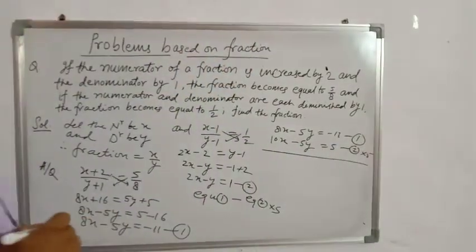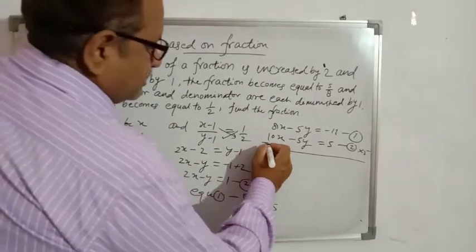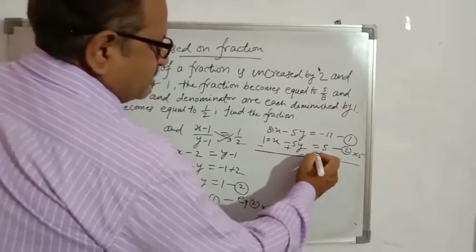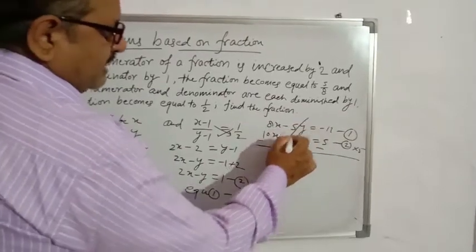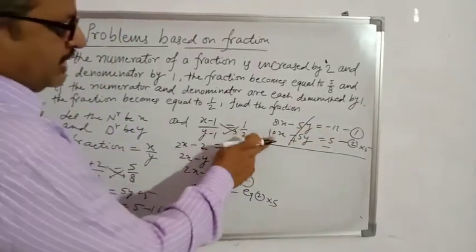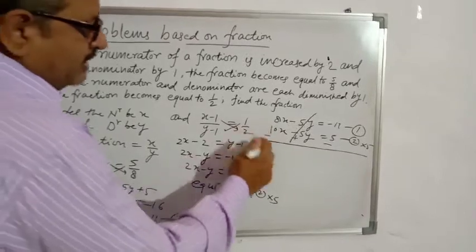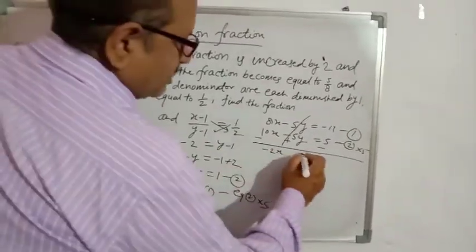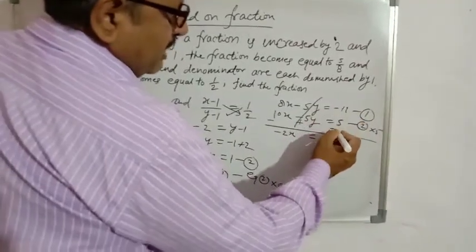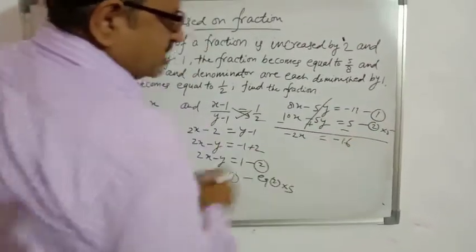We will subtract it. So change the sign. It will be plus. This is minus. Minus 5y plus 5y, we can cancel it. 8x minus 10x, simplify it. It will be minus 2x is equal to minus 11 minus 5, minus 16.